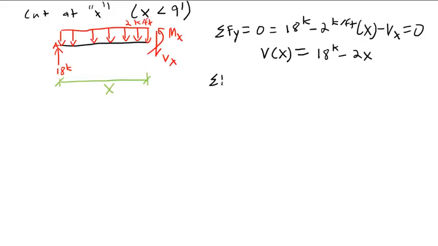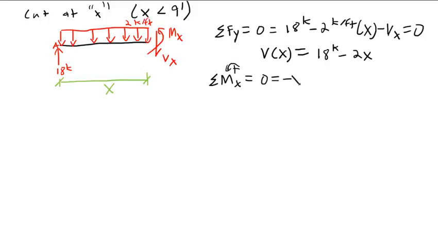If I do a sum of moments, let's see, a sum of moments about x, I think. Let me double check this. Yes, okay. I'm summing moments about the right end, about this point here, equal to 0.